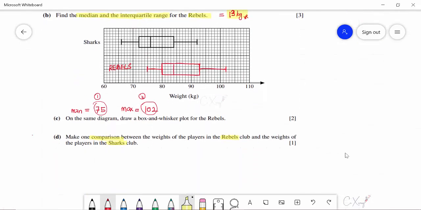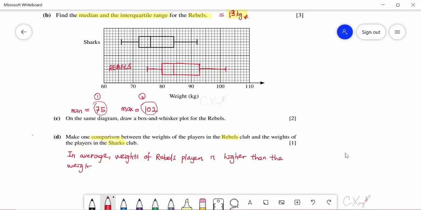Okay, so maybe I can write it like this. For part D, maybe I'll write, generally, you can see that on average, the weight of Rebels players is higher than the weight of Sharks players.